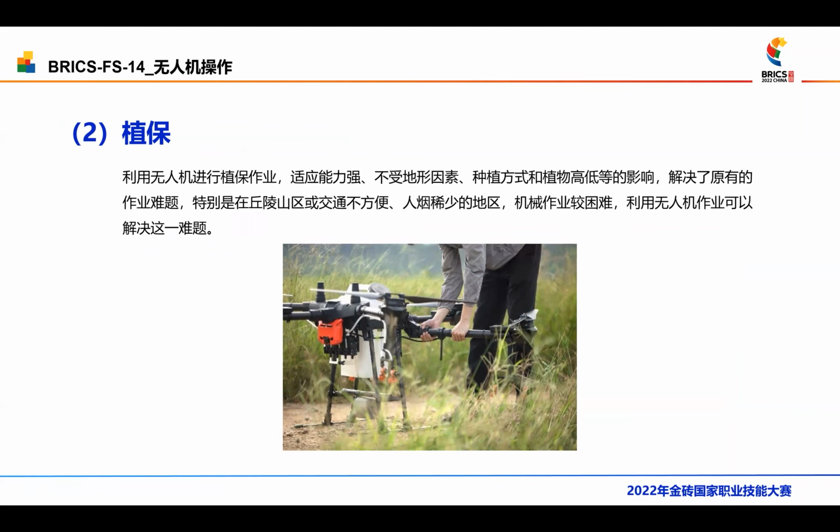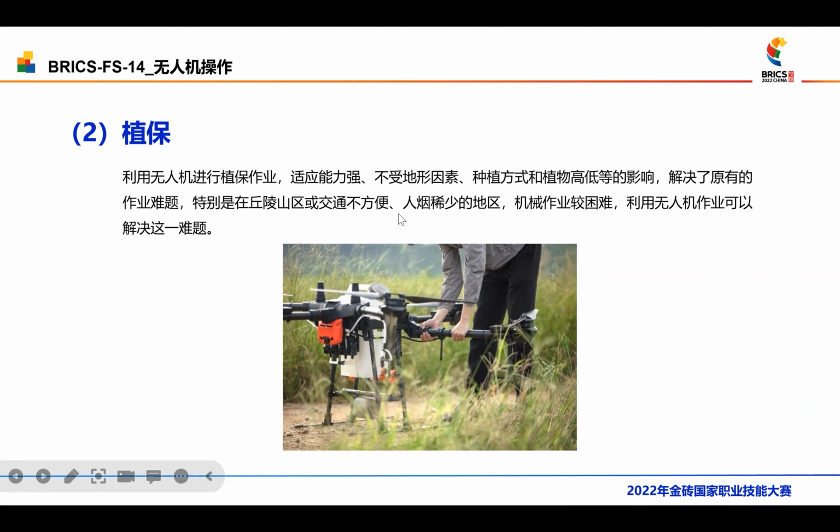Next, let's have a look at the plant protection. The use of UAV to carry out plant protection operations has several advantages, such as strong adaptability, not being affected by terrain factors, planting methods, and plant height.